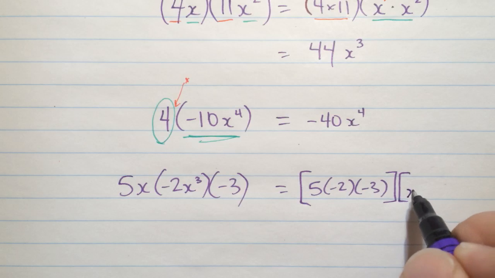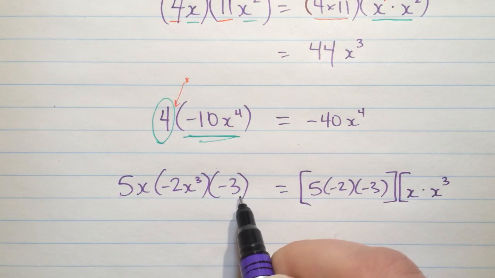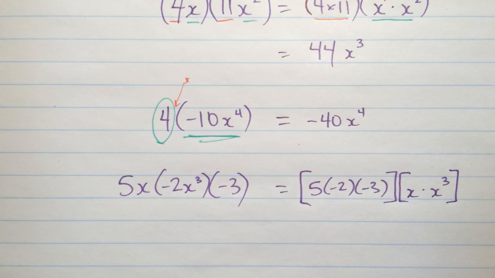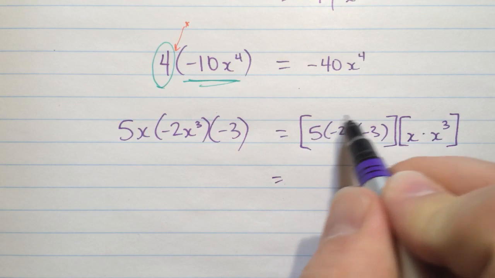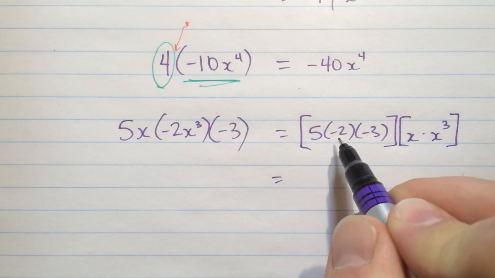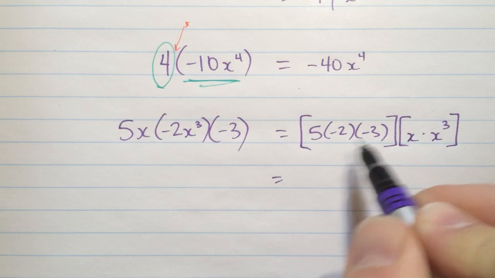I have an x, I have an x cubed, and the negative 3 is not variable, that's a constant. So I'm just going to leave that one, or I could multiply by 1 if you like, but it's not really necessary. So in here, by multiplying these three numbers together, I'll get the coefficient. 5 times negative 2, that's negative 10, times negative 3 is going to be positive 30.